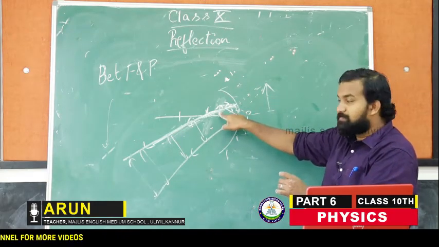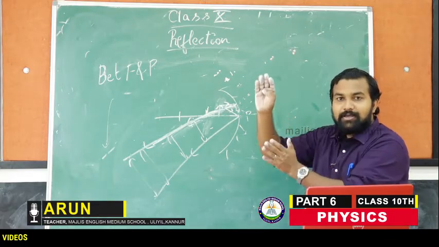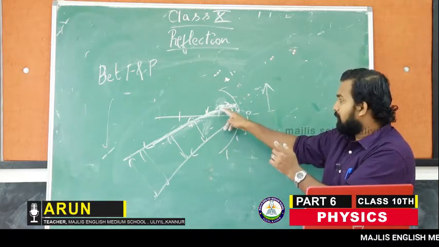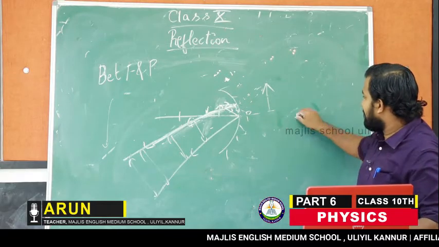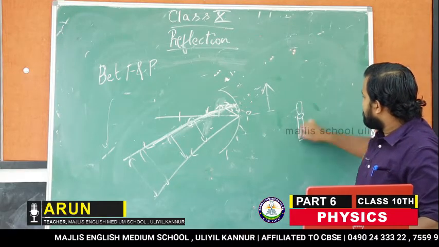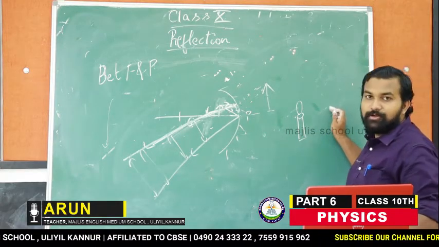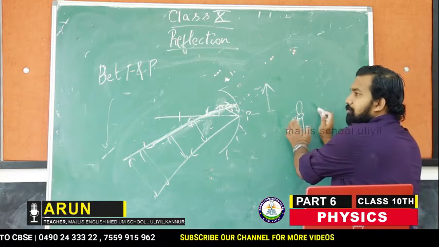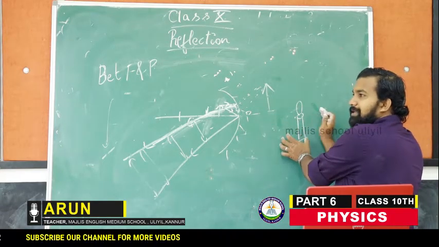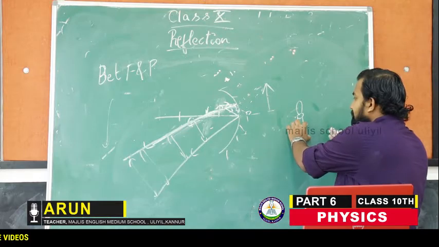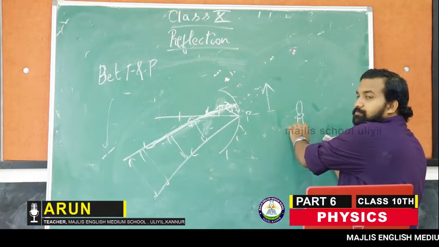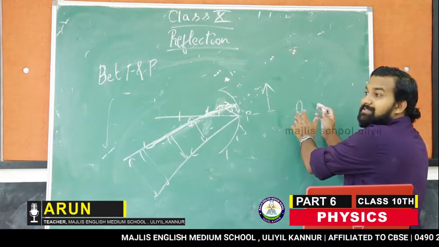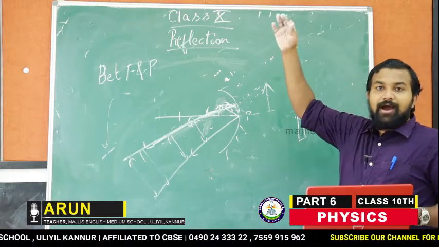We have to adjust the mirror in such a way that the top position is seen, if it is a candle. If I keep a concave mirror over here and keep the candle between the focus and the pole, I will only see a small portion of the image. That means the image has become huge, a large image is formed.